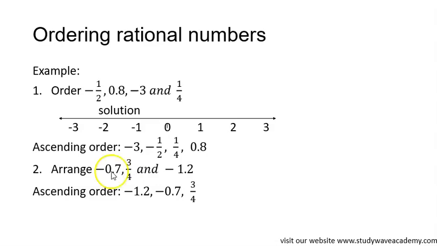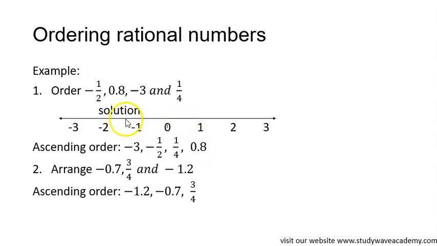So between minus 0.7 and minus 1.2, which one will come first? Minus 1.2 is placed somewhere here, and minus 0.7 is placed somewhere here. Then the next one, 3 over 4, which is 0.75 in decimal, is somewhere here.